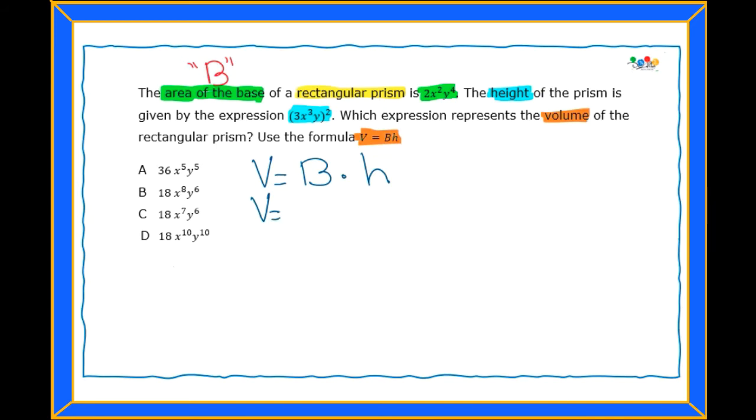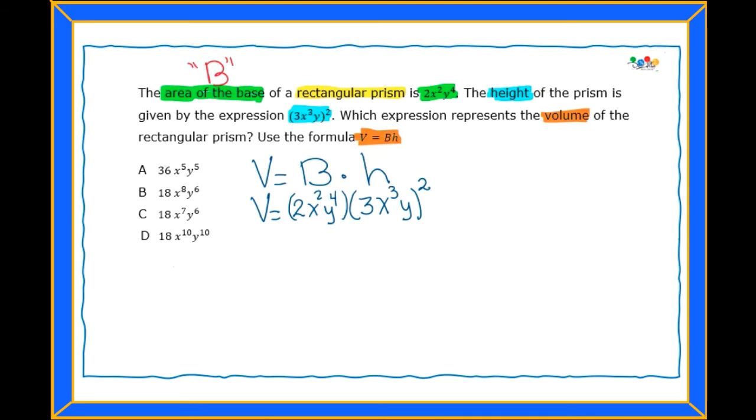Let's replace capital B with the expression that it represents. My expression is 2x squared y to the fourth power, and I'm going to multiply that by the height, which is given by 3x to the third power y, all of these to the second power.